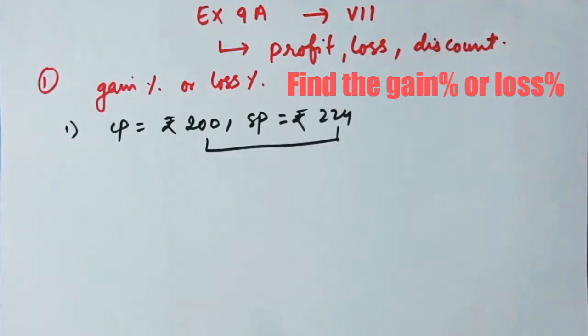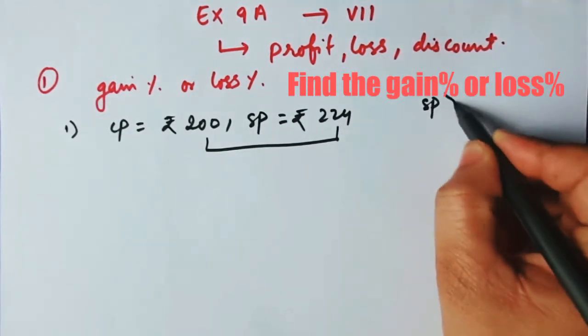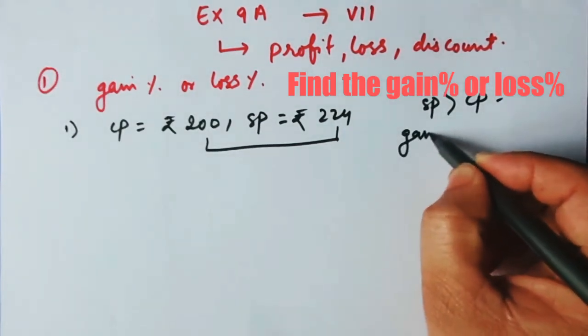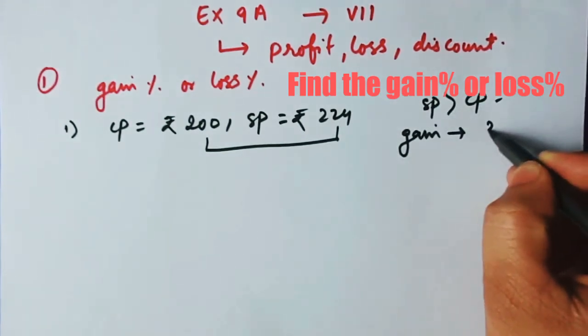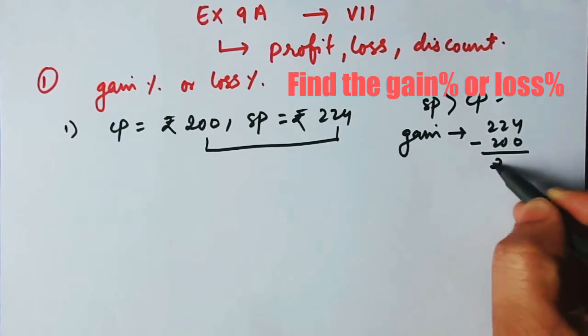So what do we see over here? We find that the selling price is greater than the cost price. So naturally you will gain something. What will be the gain? Your gain will be equal to rupees 24.